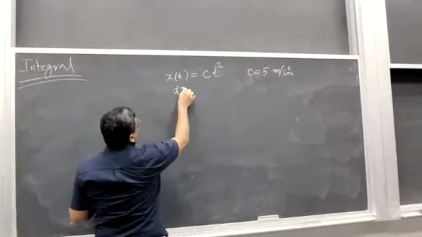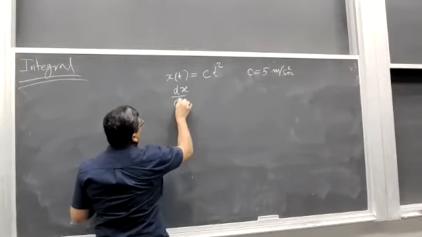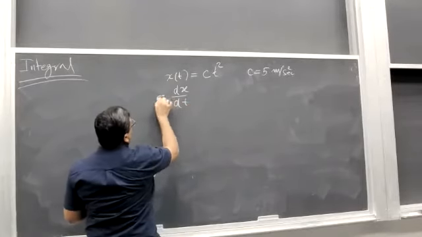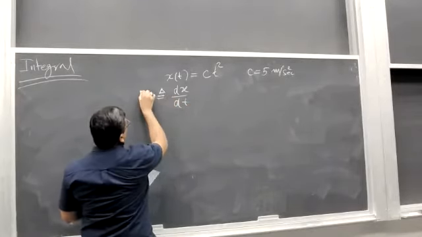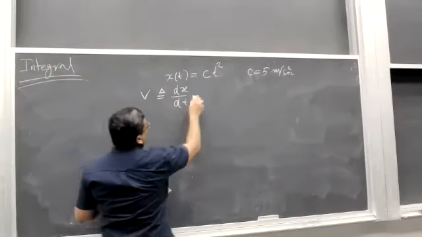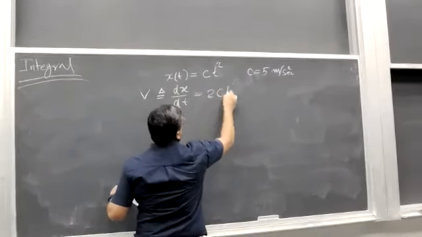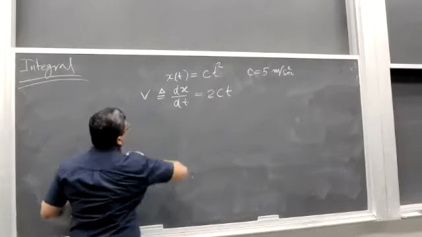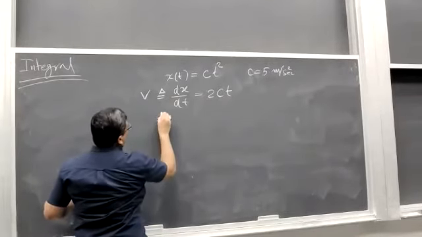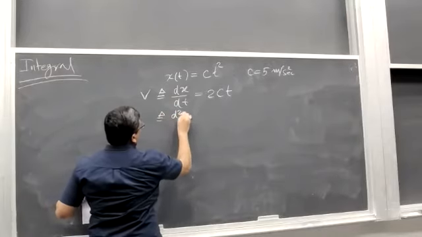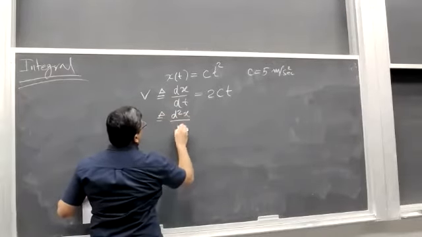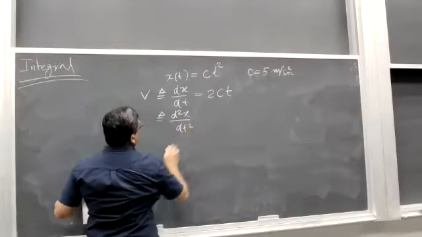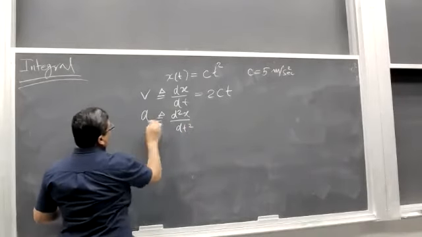So this is what we did, and then we used the derivative. We took the derivative of this with respect to time, and that we define as the speed, and it was 2ct. And now v depends on t still, so then we did the double derivative, d squared x over dt squared, and we defined it as acceleration.